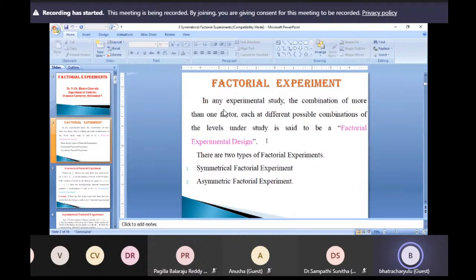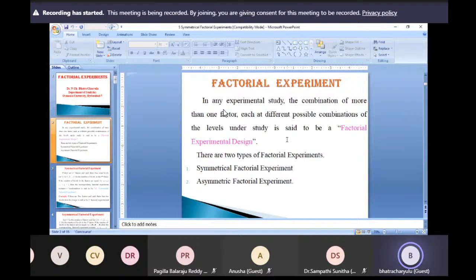Each has two dosages. I'm mixing and forming the different treatments. So totally three factors are there and each has two levels. Therefore, you have 8 possible combinations. In that type of case, generally you go for these factorial experiments.